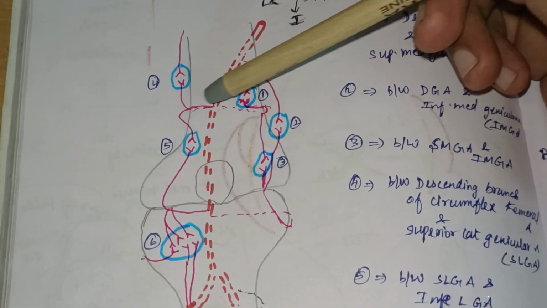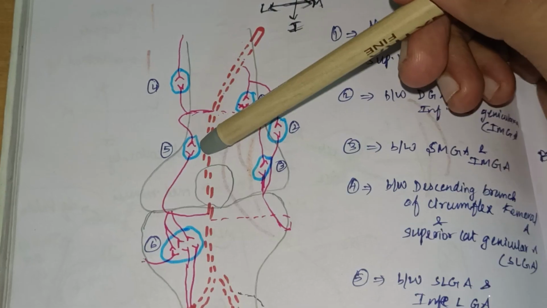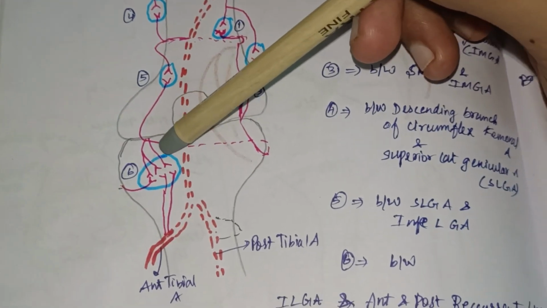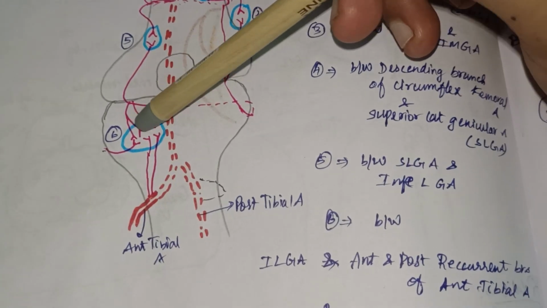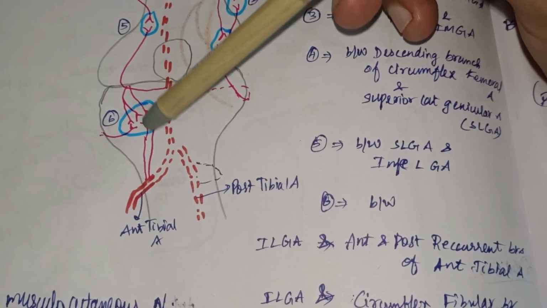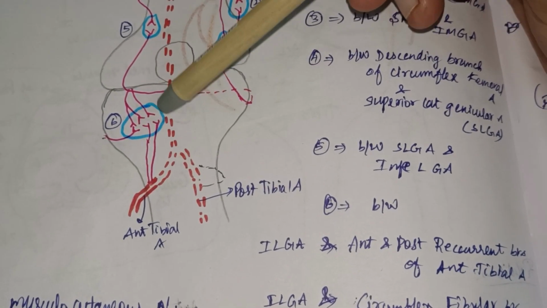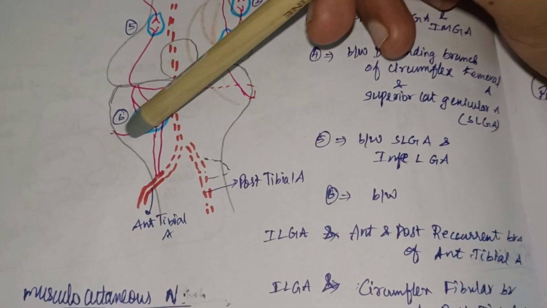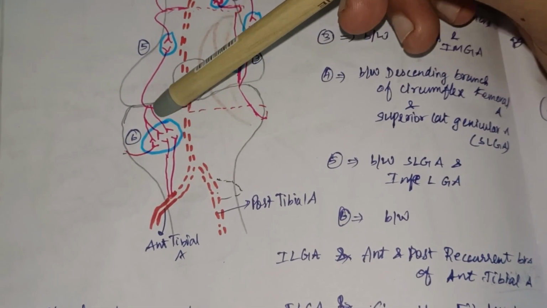The fifth anastomosis is between the superior lateral genicular artery and the inferior lateral genicular artery. Next, the sixth anastomosis is between the inferior lateral genicular artery and the anterior and posterior recurrent branches of anterior tibial artery and the circumflex fibular branch of posterior tibial artery.